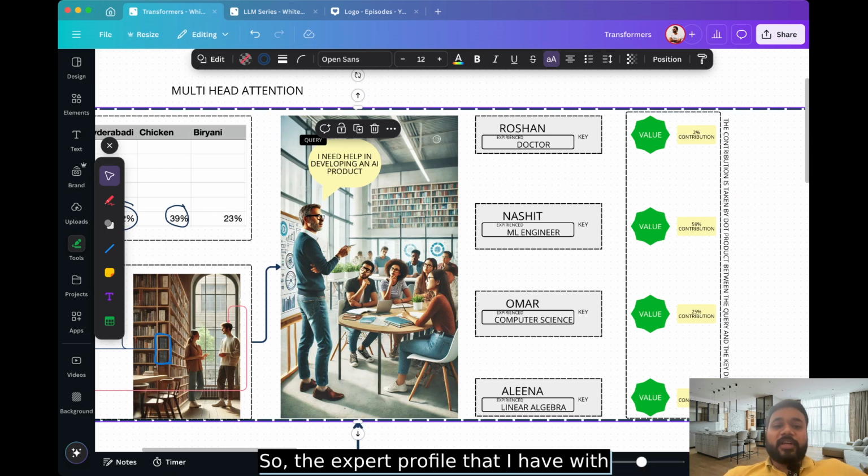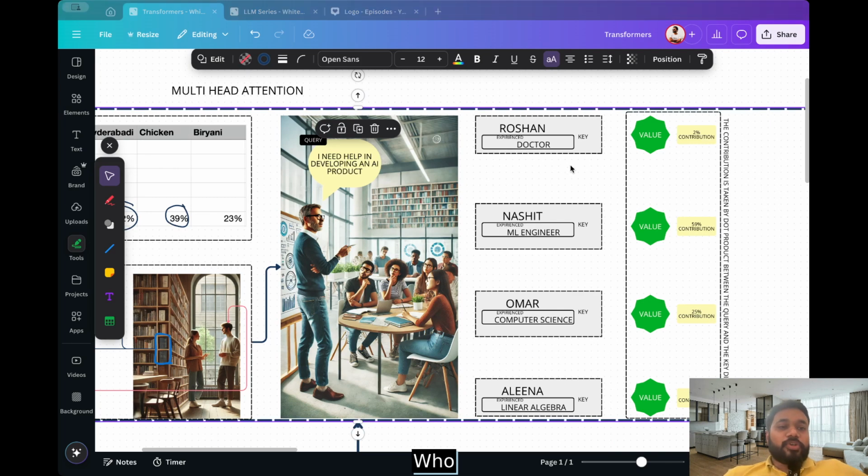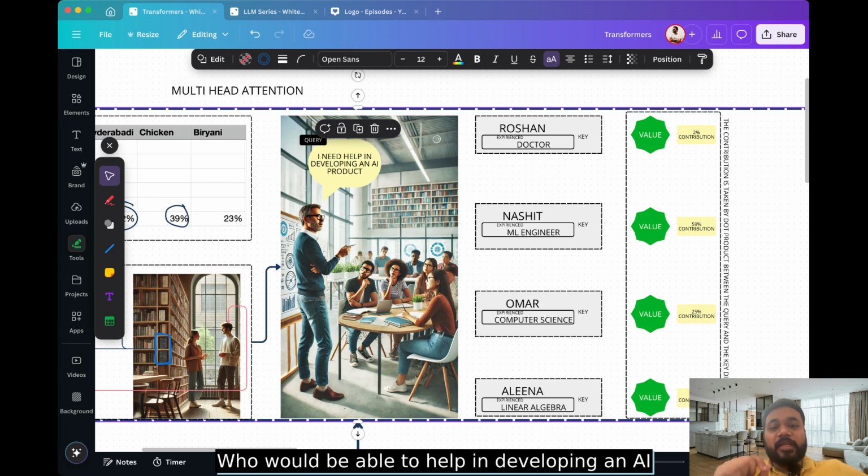So the expert profiles that I have with me are Roshan, who is a doctor, and Nashit, who is an ML engineer. Then we have Omar, who is a computer science expert, and Alina, who is a linear algebra specialist. Now the transformer will assign Nashit the highest weight, around 59% of the contribution, since the ML engineer would be the most relevant person to help in developing an AI product.